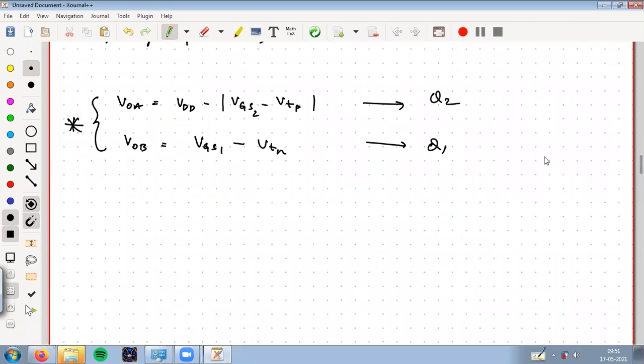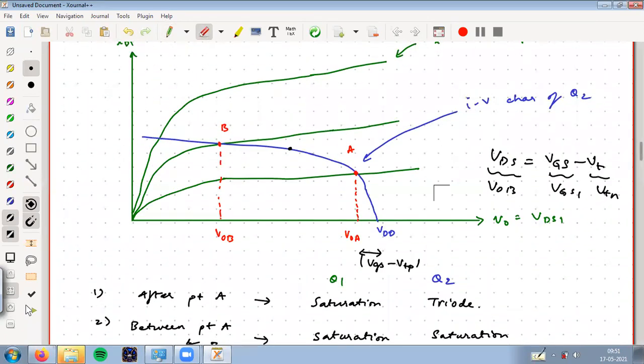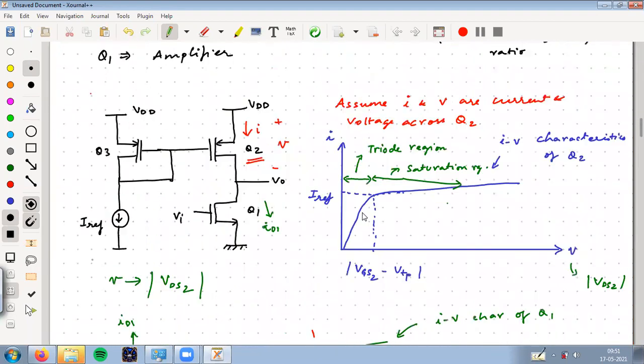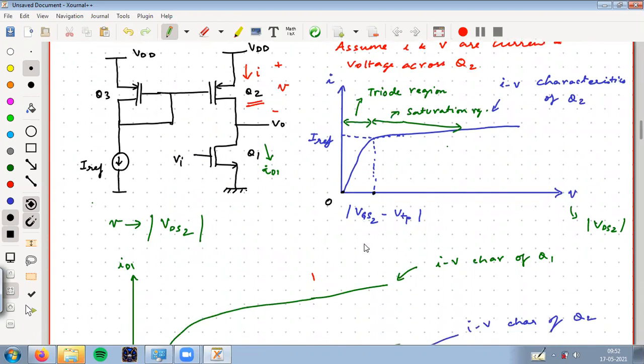Second thing is point A. Point A will look slightly complicated, but in fact it's not. If you look at the IV characteristics of Q2 in the first graph which we have drawn, it was starting from 0. That is why this point became modulus of VGS2 minus VTP. But what I've done is I have taken the mirror image of it and shifted it by VDD.